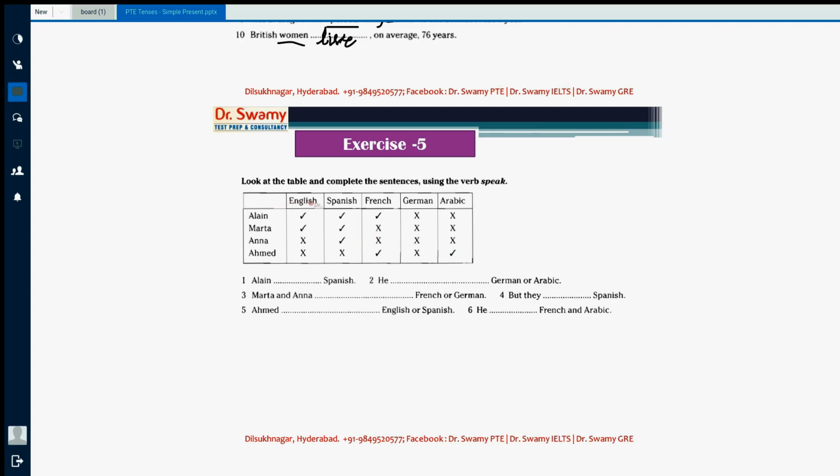See, Elaine, Spanish. What about Elaine and Spanish? He's able to. It's all about the verb speak. So Elaine, yes, he can speak Spanish. So what can we use? Elaine speaks. But what about German and Arabic? Arabic he cannot speak.